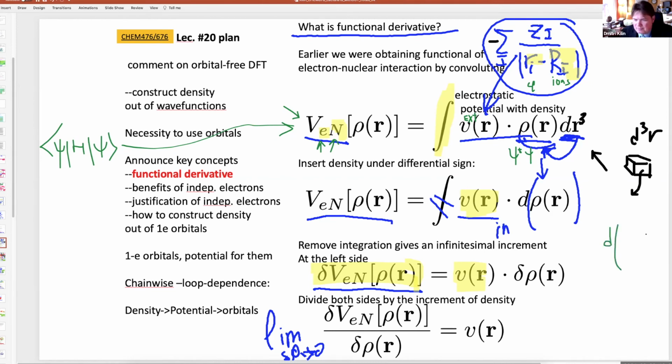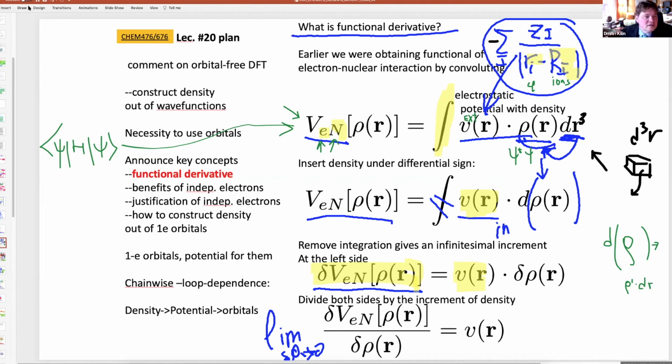So if you have a derivative and you have a function, then it can be expressed as the derivative times the derivative of the independent variable.